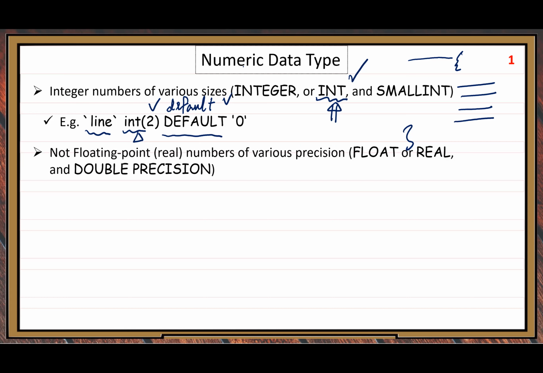Another type of numeric data. Oh, sorry. Here, you know why I need to cross this out? Because when I edit my PowerPoint slides, I copy from my older version, but the font size is different.